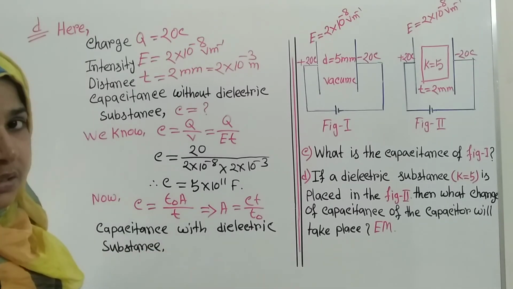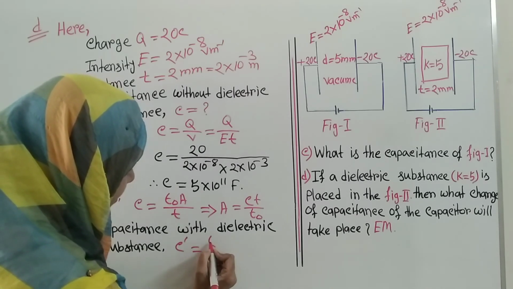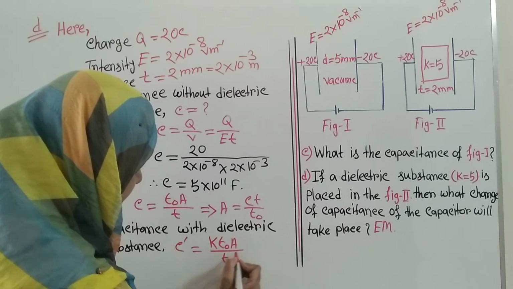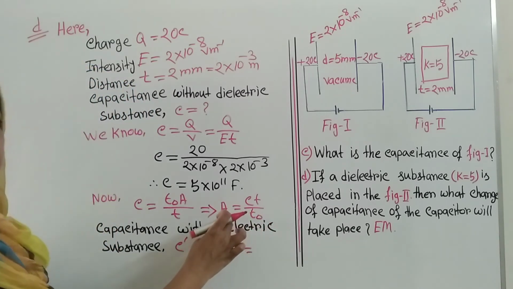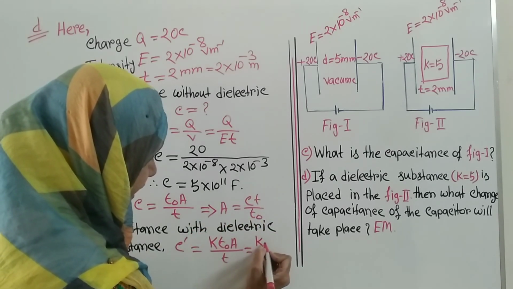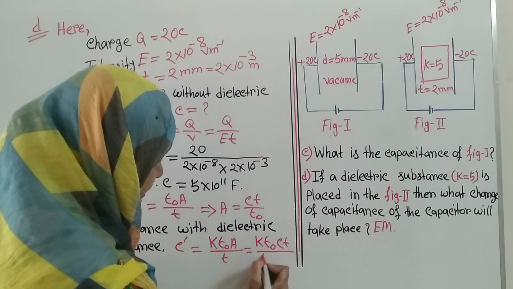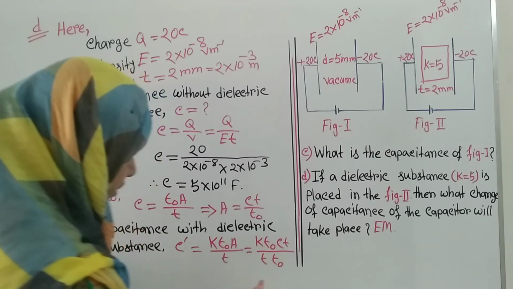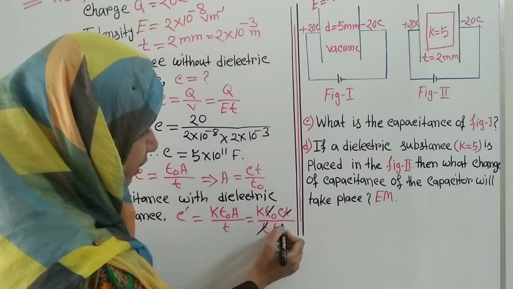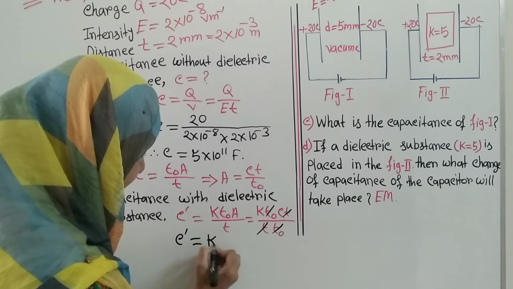If we denote it by C prime, then we can write that C prime is equal to K epsilon naught A divided by T, and we already got the value of A is Ct by epsilon naught. So we can write K epsilon naught into Ct divided by T into epsilon naught. Here you can see that T and epsilon naught are cancelled. So we can write that C prime is equal to Kc.